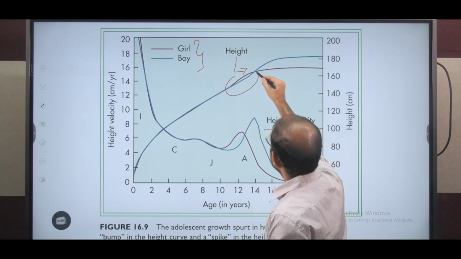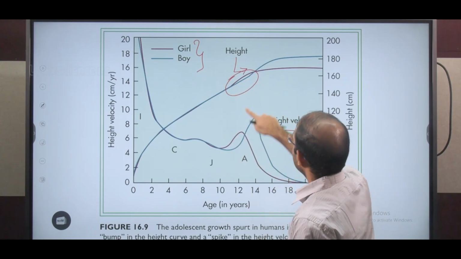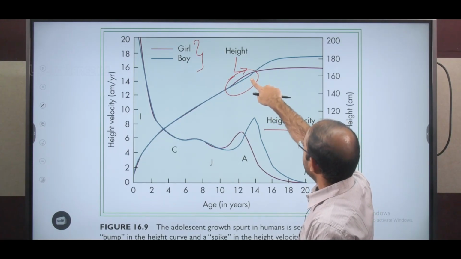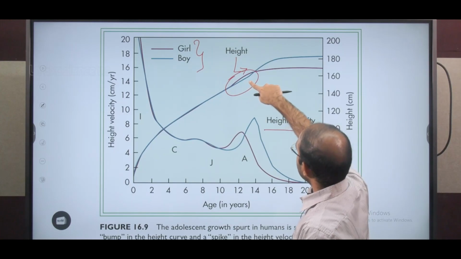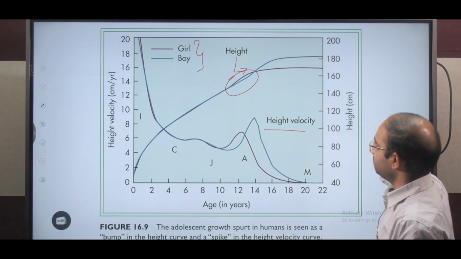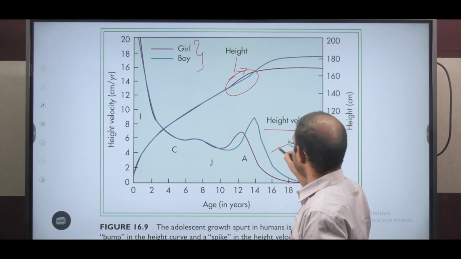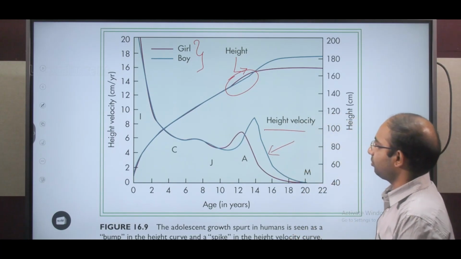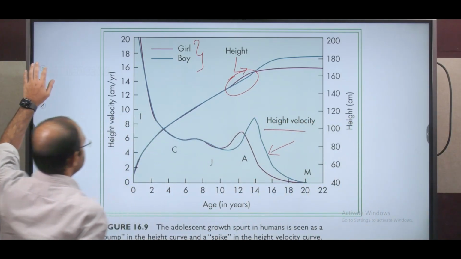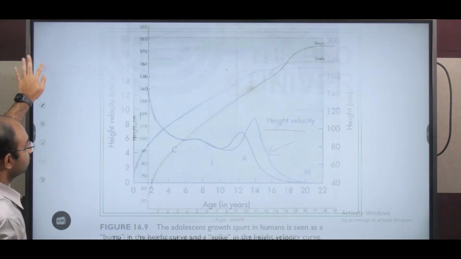In this period, girls have greater height, boys experience lower height, but after around age 14, the spurt begins in boys also, and eventually boys overtake girls, and by the time you reach 18-20, boys are taller than girls. And this here tells us height velocity. So you can draw this curve to show the girl and boy or male and female differences in adolescent growth spurt.